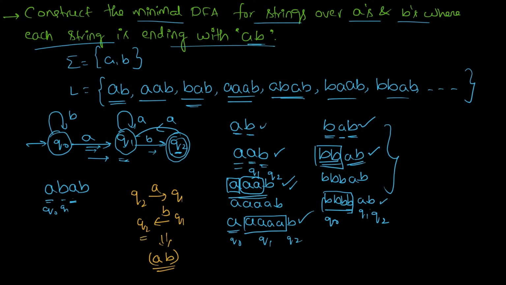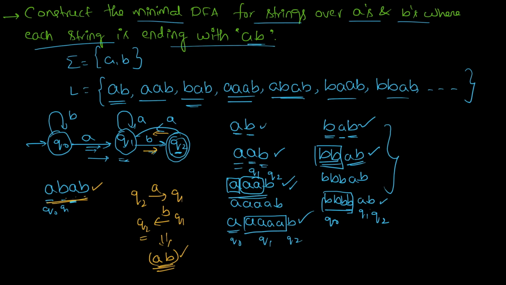So Q2 is my final state. So if I have AB at the end of the string, I will accept it. This is what these two transitions signify. So we accept ABAB.